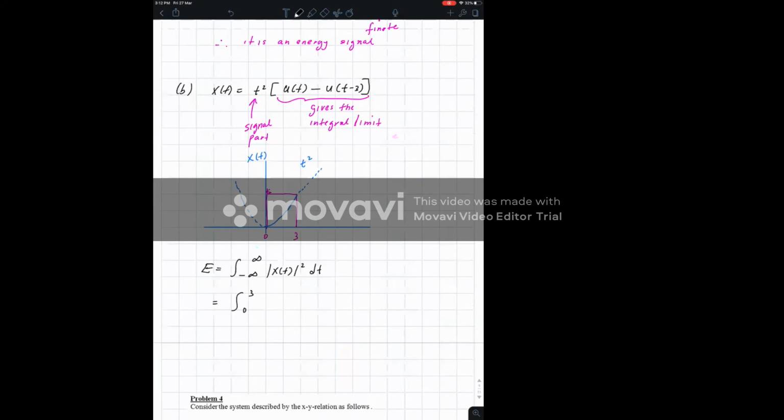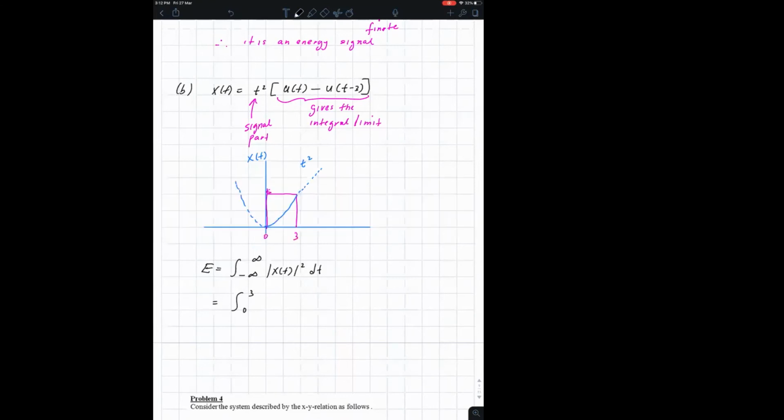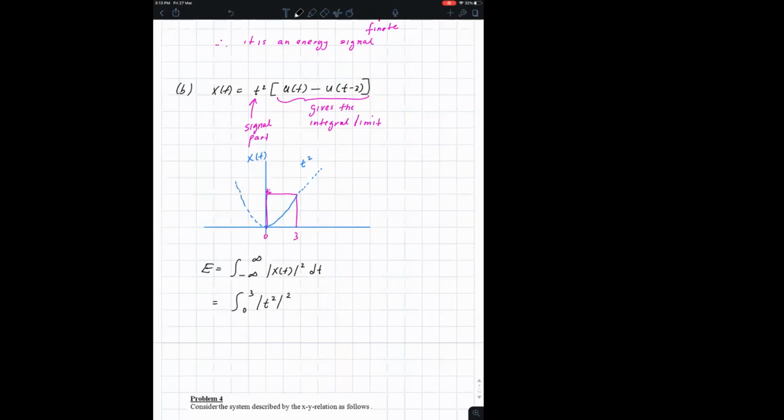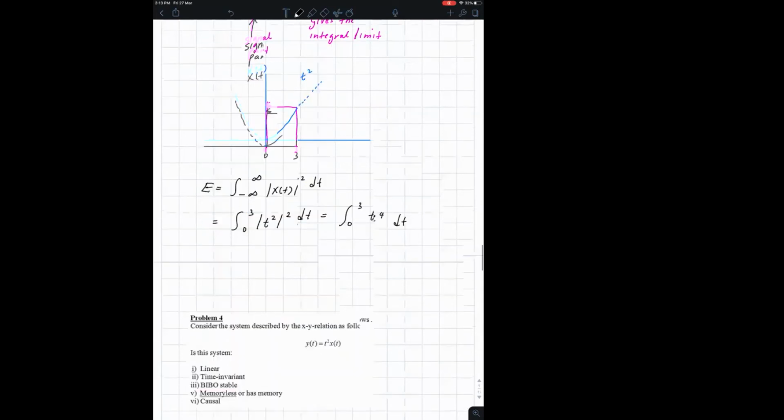The step function is like a switch: on the signal at 0, off the signal at 3. So the signal is t, squared is t squared, squared, dt, from 0 to 3, t to the power of 4 dt. Then you evaluate the integral.